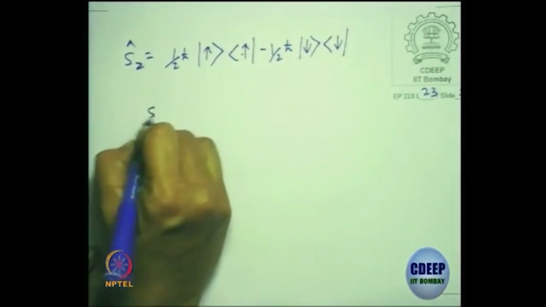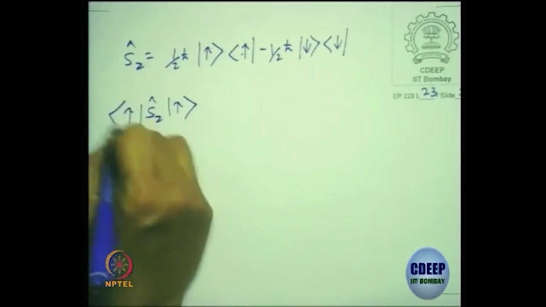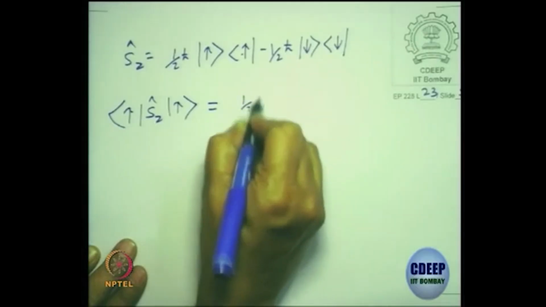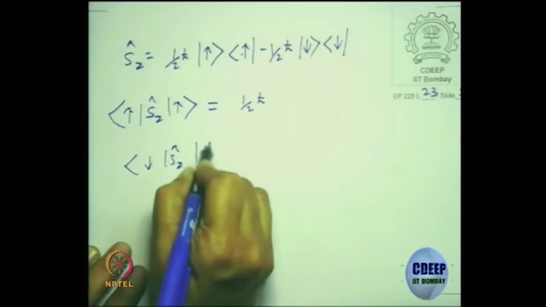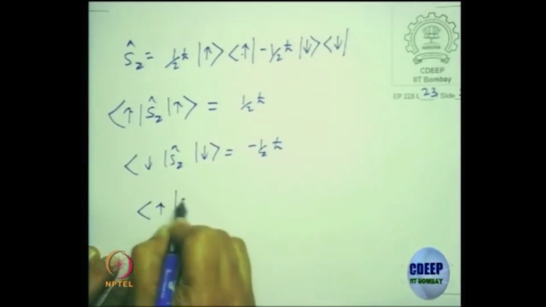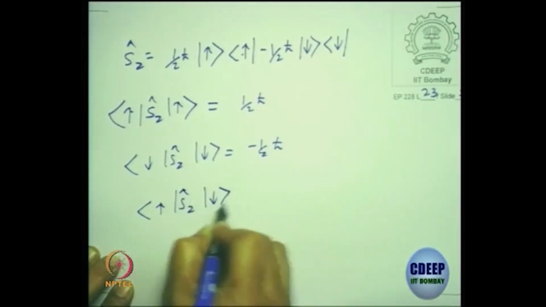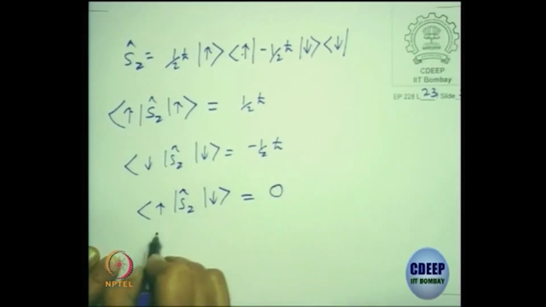And you can try to find what is Sz, up with up. That will turn out to be half h cross. Down Sz with down will be minus half h cross. Up Sz with down will be 0.